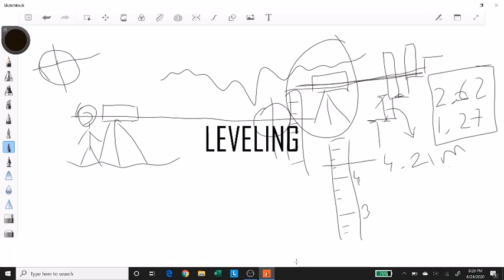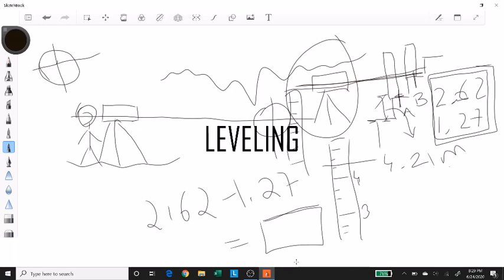First you placed it on step A, and then on step B. The first value you got was 2.62, and then 1.27. Now if I subtract 1.27 from 2.62, this difference will be the difference in height between point A and point B.